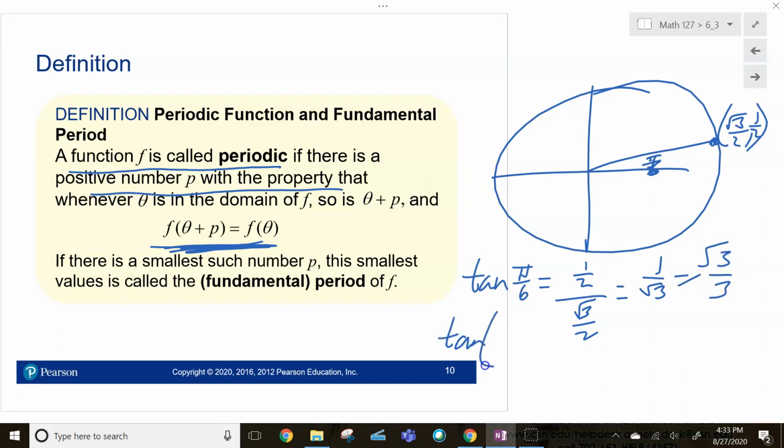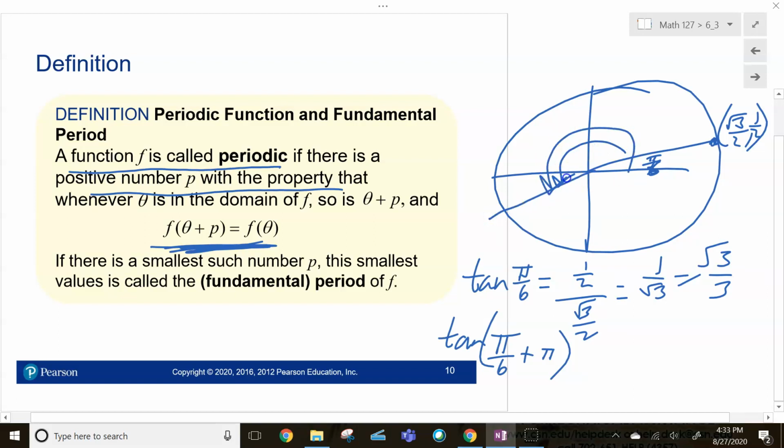Now the period of the tangent is pi. It's not 2 pi. So if I go another pi around, pi plus pi over 6 is 7 pi over 6. So if I go an extra 180 degrees to right here, now I'm at this 7 pi over 6 point.